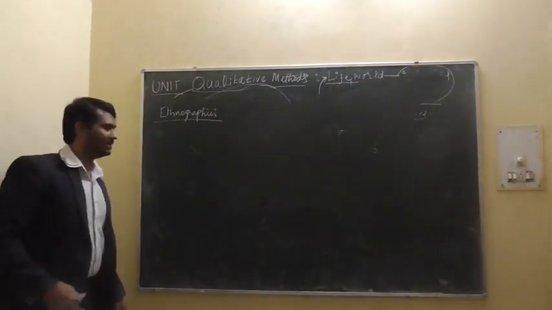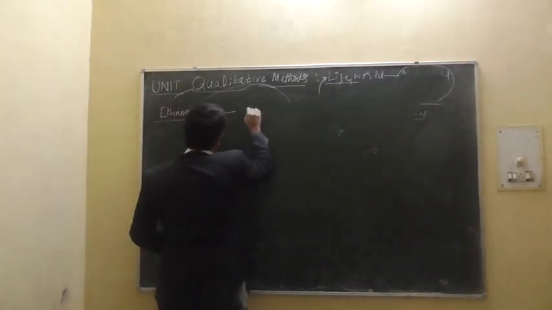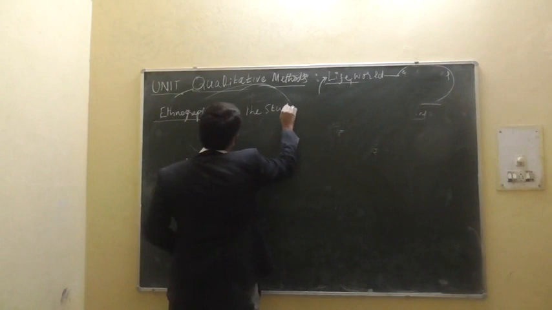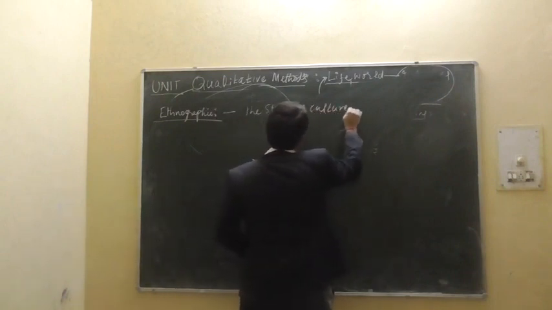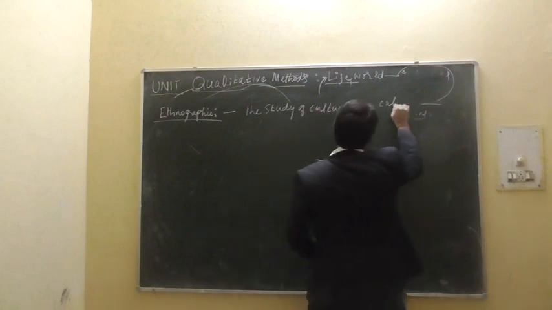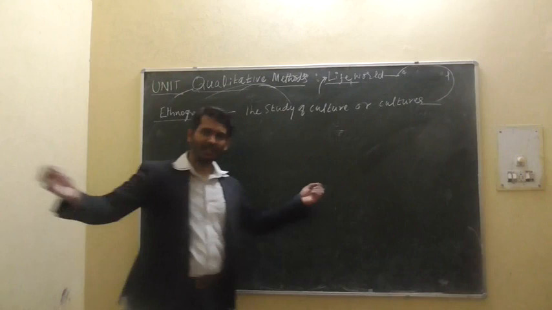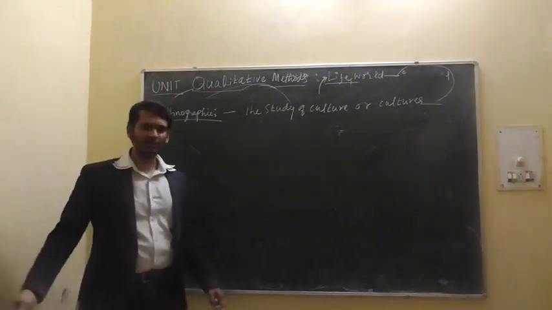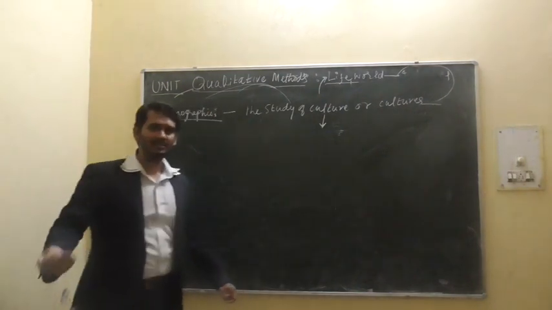Normally, the ethnographic method is the study of culture or cultures. So normally one culture you are trying to understand, or maybe a set of different cultures. So here the question is: what is culture?